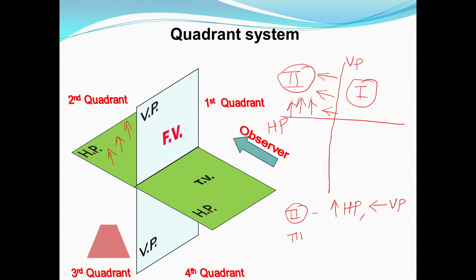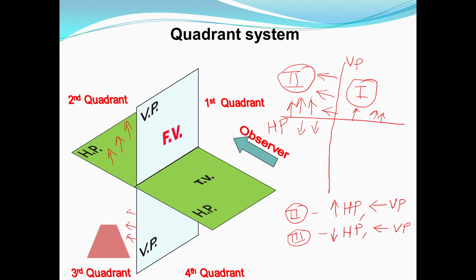So for the third quadrant, here is above the HP, and similar to this, below the HP. One is below the HP, this one is above the HP. So below the HP, you can draw here below the HP, and behind the VP. The object is behind the VP.